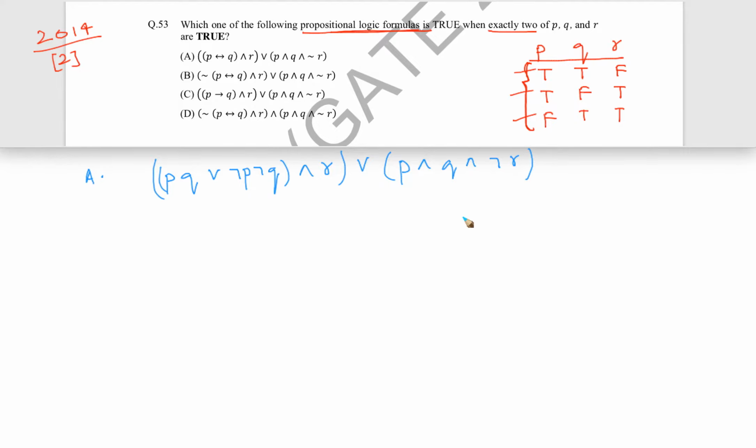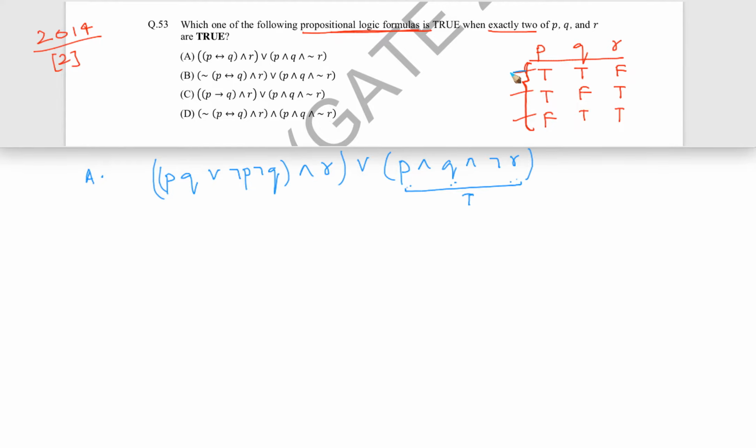Okay, so now let's start with the first case. In the first case, P and Q are true and R is false. So when P is true, Q is true and R is false, then this is true and true and true. All these are true. R is false, that's why not R is true, and that's why this whole statement becomes true, and true or any statement is true.